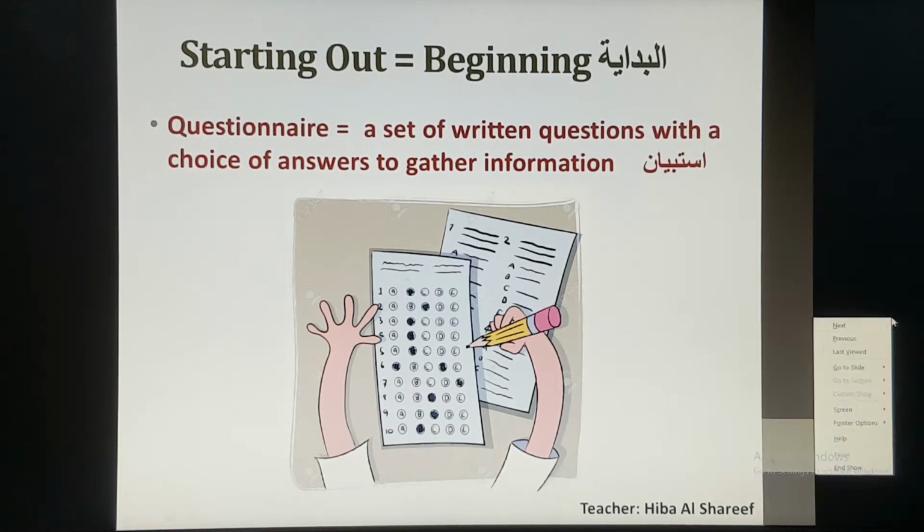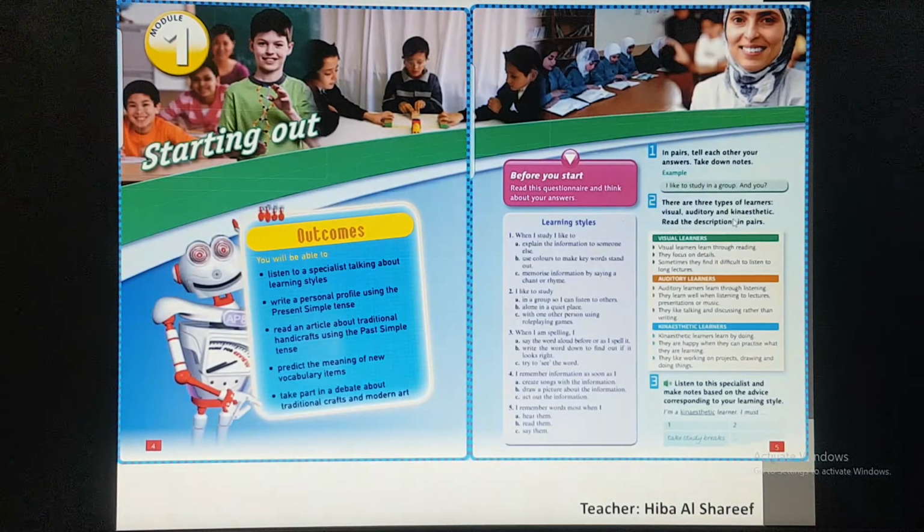Now, let's go back to the book. Okay, girls, in the questionnaire, you answer in order to give information. And here we have a questionnaire about learning styles. So I want you now to read this questionnaire and answer it.